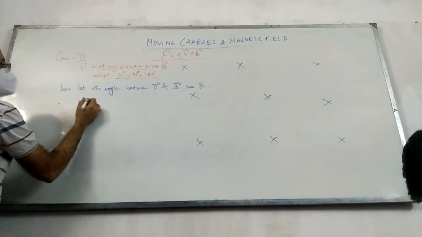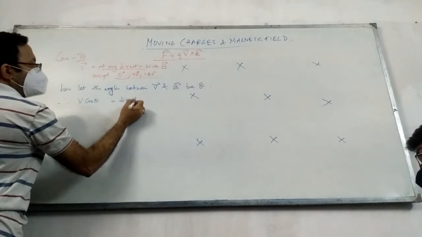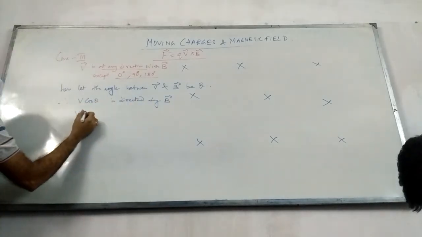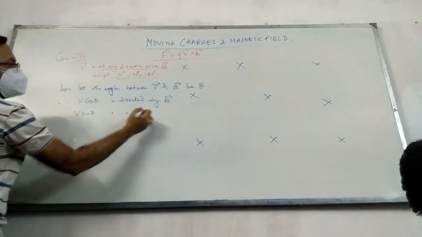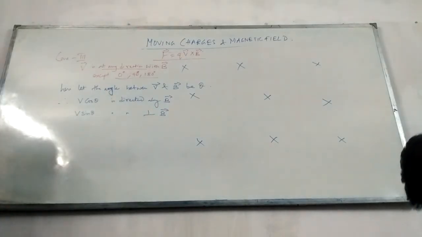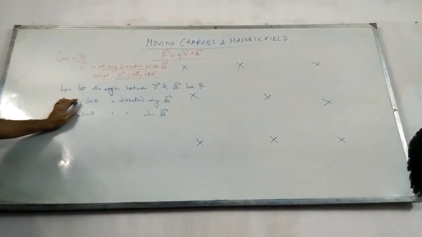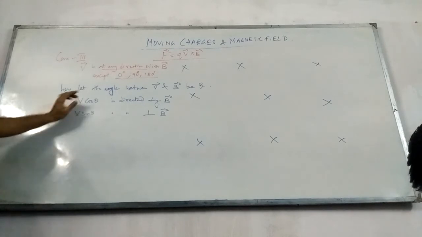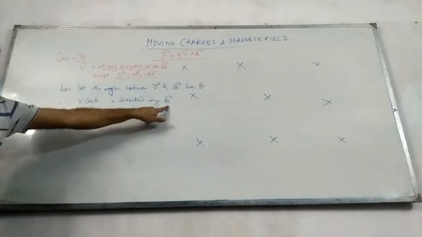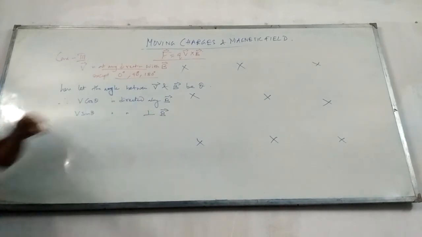Therefore, v cos theta is directed along B and v sin theta is directed perpendicular to B. Do you agree with this? Do you all agree with this part? Yes or no? If the angle between v and B is theta, then you know v cos theta will be directed along B, right? And v sin theta will be directed perpendicular to B. Right.